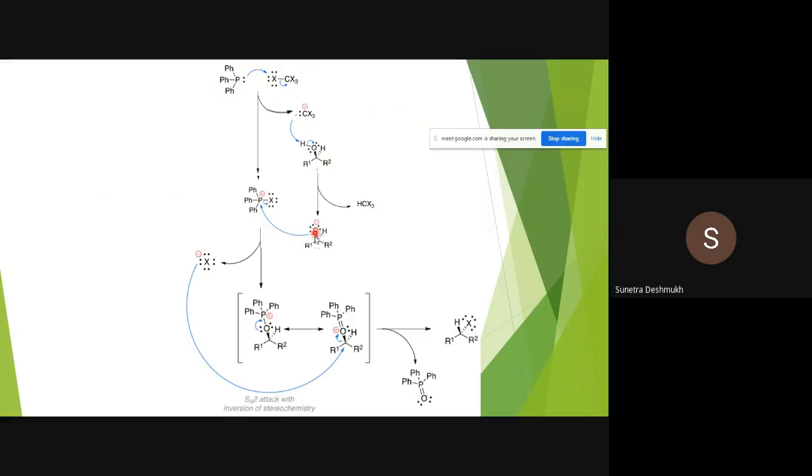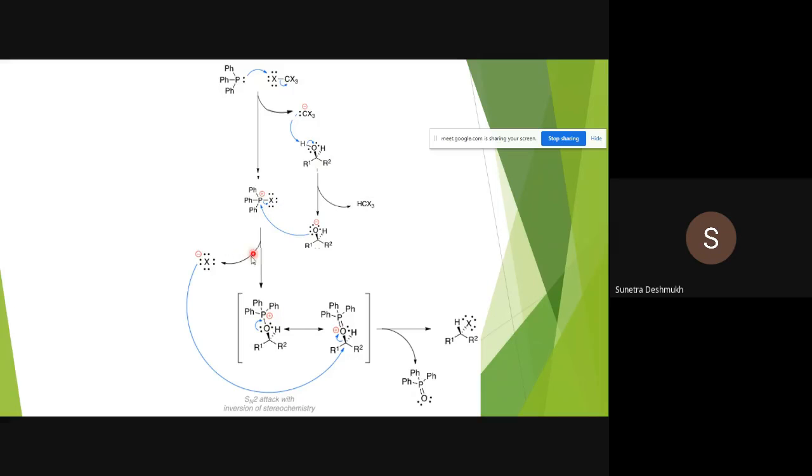Once we got the alkoxide ion, it acts as a nucleophile, and this nucleophile will attack the positively charged phosphorus atom. So there is a formation of an oxygen-phosphorus single sigma bond. You can see over here the formation of a sigma bond between phosphorus and oxygen atom with elimination of Cl minus.